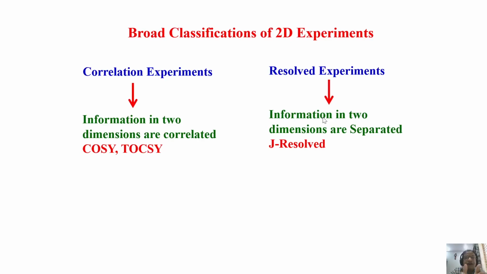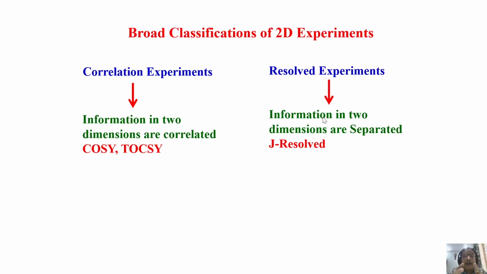As a consequence, this one proton splits into multiplicity. So many multiplets are there. It could be doublet, triplet, quartet, all those multiplicity patterns which I discussed. Now, how do you extract the coupling? Will I not simplify my analysis if I pull out the coupling information in one dimension and retain only the chemical shift in another dimension?